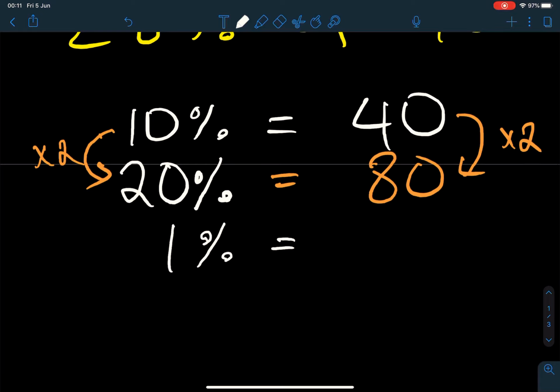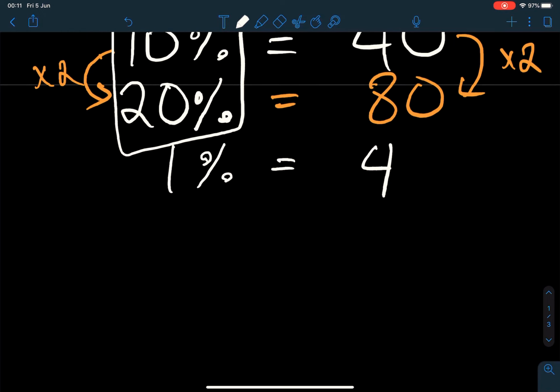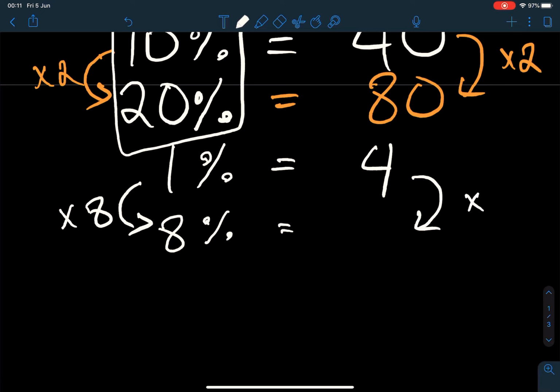I just divide 10% by 10 again. So if 10% is 40, 1% must be 4. And just like I did on the top, I use this number to get 8%. How do I go from 1% to 8%? I times it by 8, and on the other side I also times it by 8. So 4 times 8 is 32.